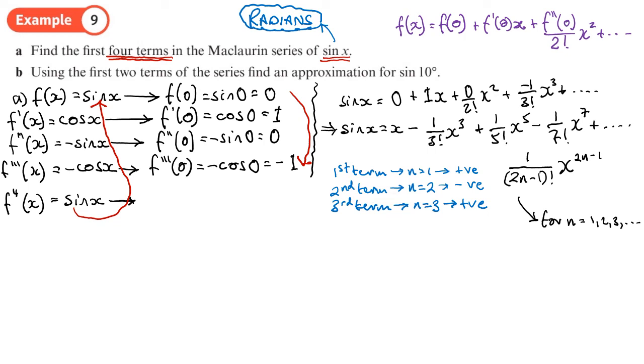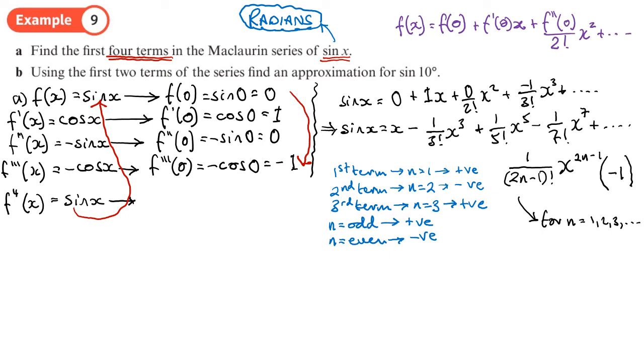So when n is odd, I basically want a positive sign in front, and when n is even, I want a negative sign in front. So my term here, this nth term, I'll write it over here, probably not the best place, but I haven't got space.